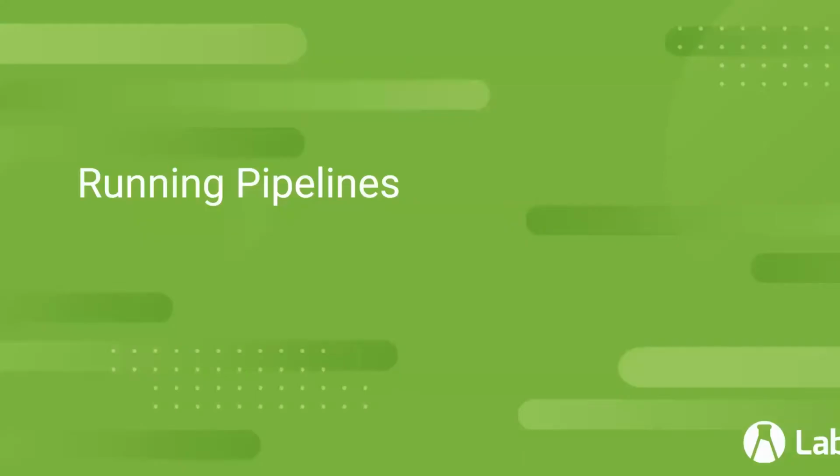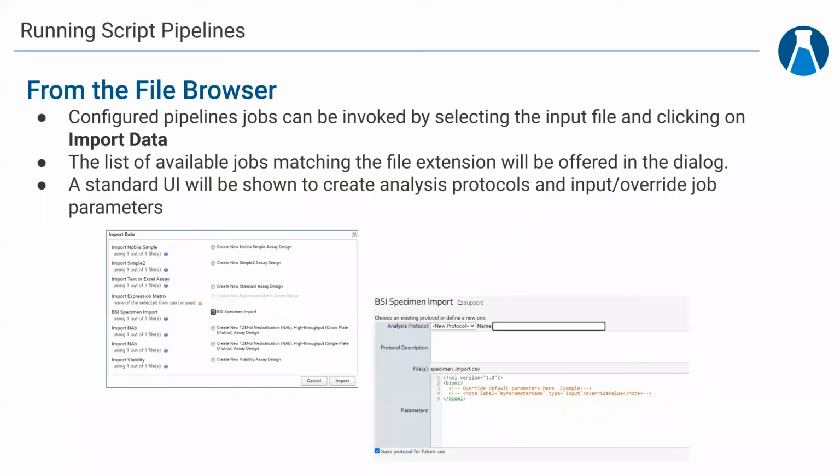So let's talk about how we actually execute these. The most common way is via the file browser. Once you drop your data file into the file system, into the file browser, you can select the target file that you want to use.